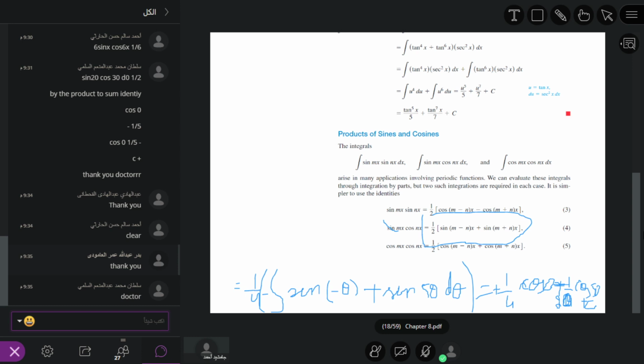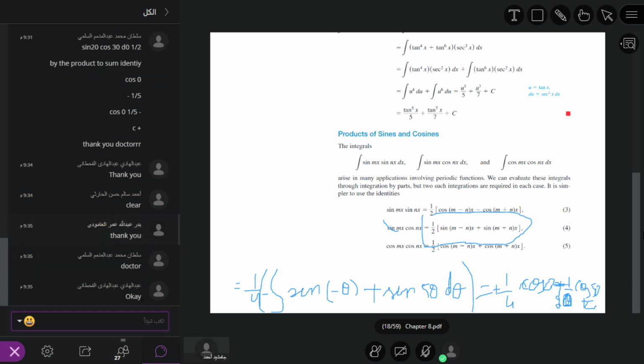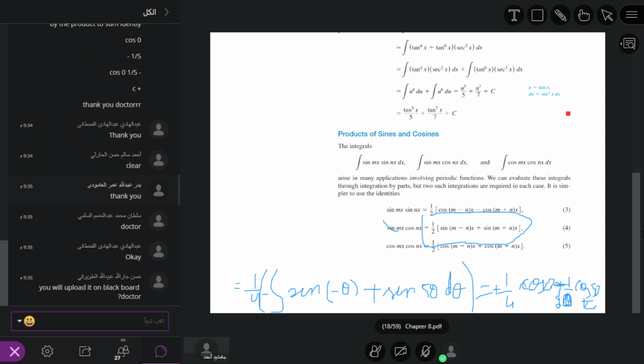On coming Sunday, I shall show you the marks of the midterm exam. Inshallah, as you wish, as you will ask, I shall do. No problem.